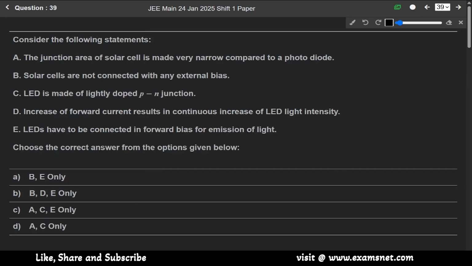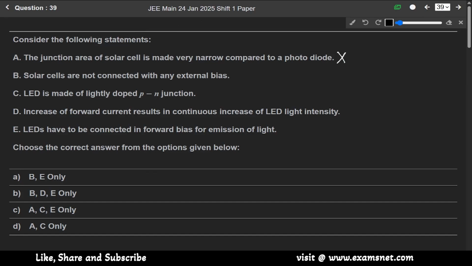Now next question 39. Consider the following statement. The question is about the solar cell. So student, we know that the cell junction area is always wider, not narrow. So option A is wrong.